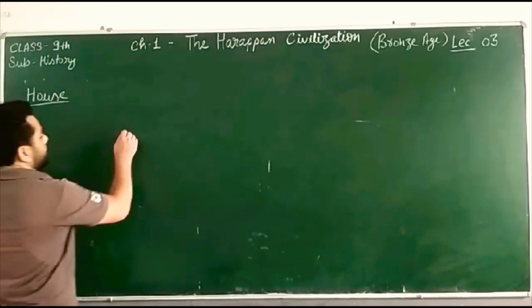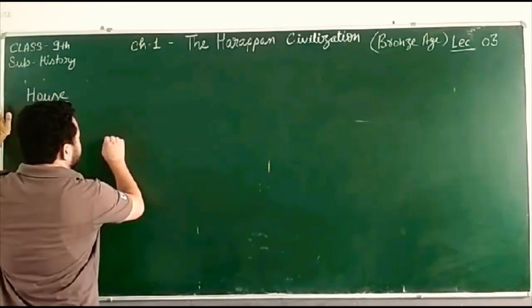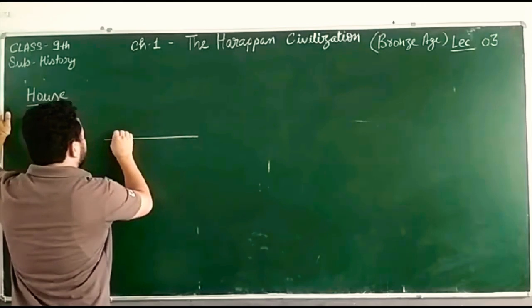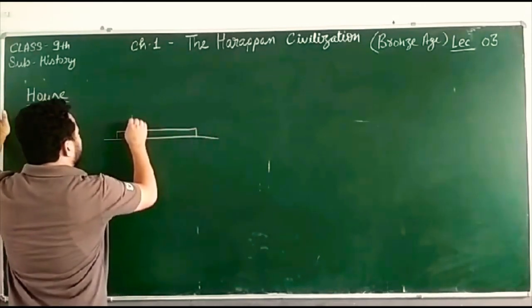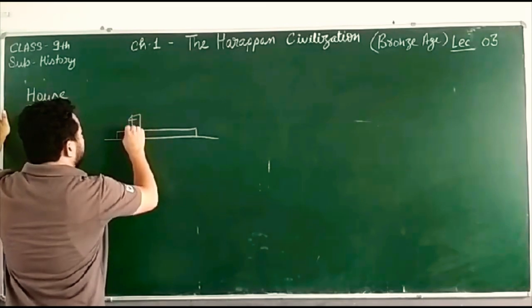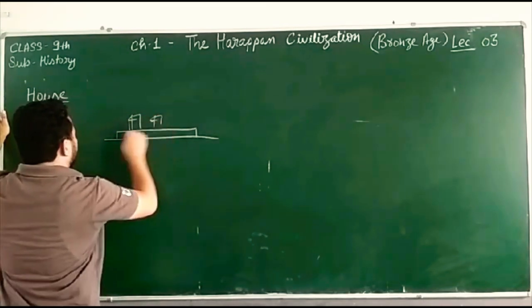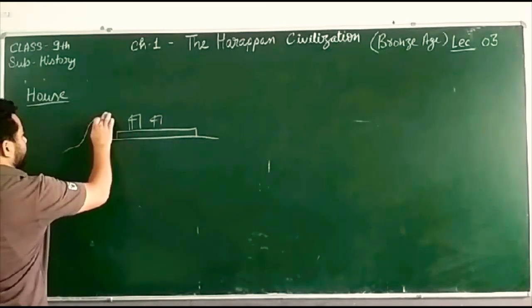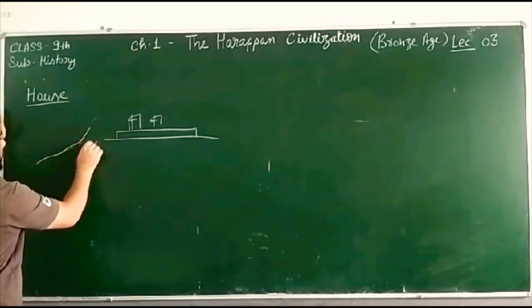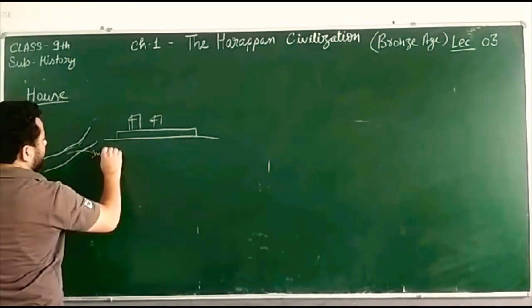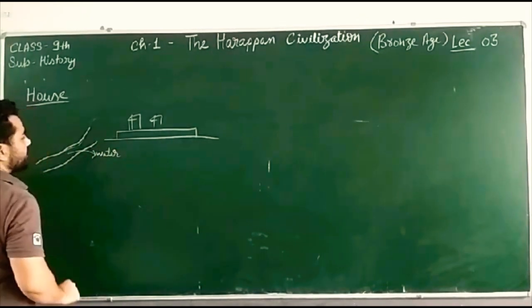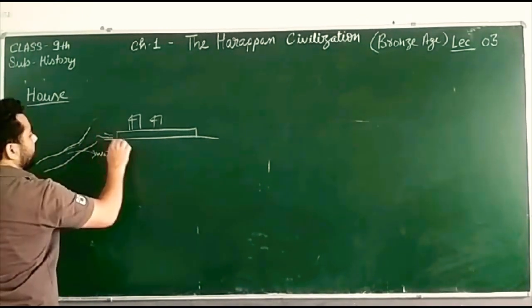I have already told you, suppose this is the ground, so residential buildings were built on high mounds like this, and residential houses were built here. Why? Because near it River Ravi or River Indus was flowing. If water comes out from this river during floods, this entire area will get flooded.